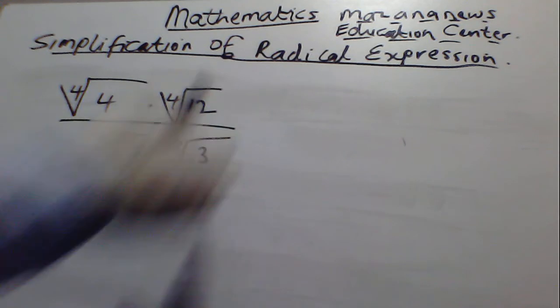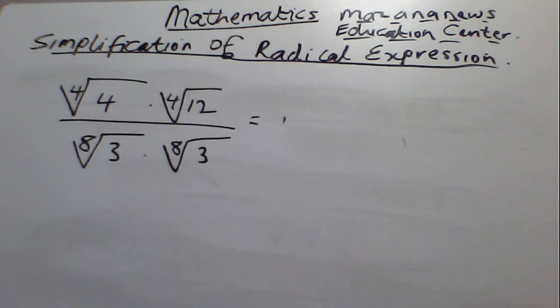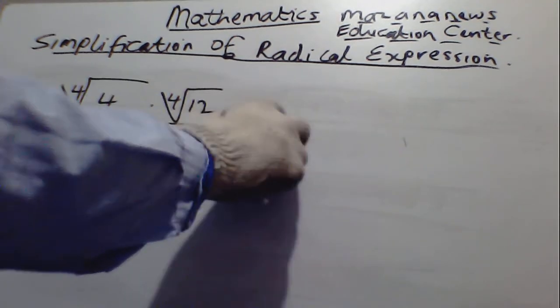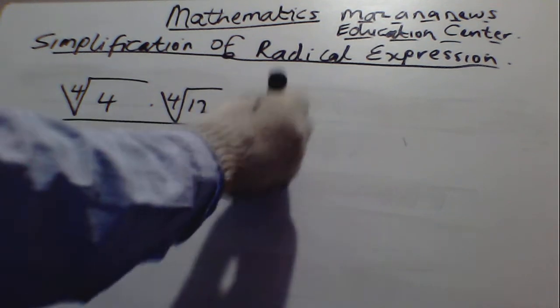But an equation always has an equal sign. Maybe it is equated to 1 or something like that. You can say that is a radical equation. But in this case, it is just a radical expression. So from here, we can simplify. We can solve it.